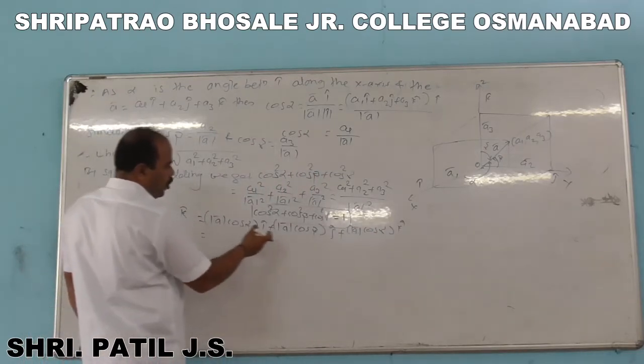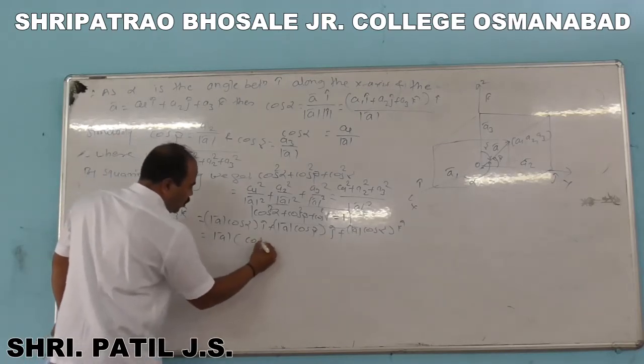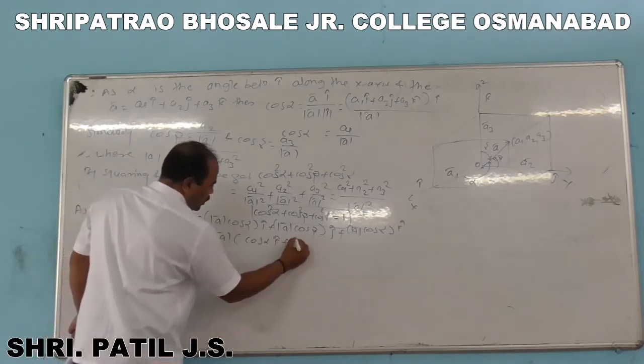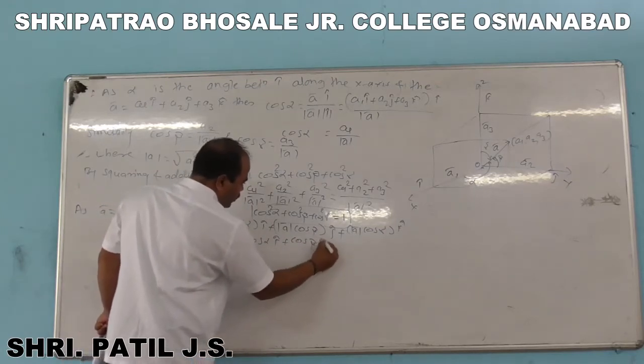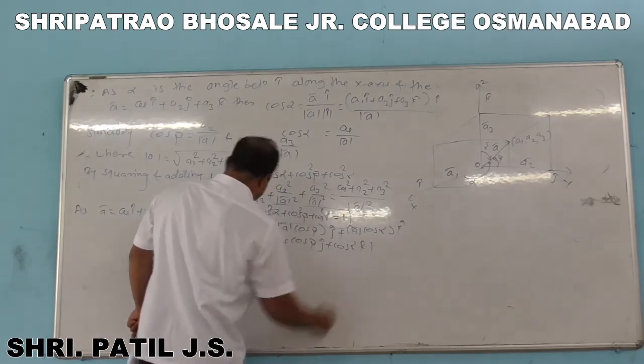Here mod A is common, that means cos alpha I cap plus cos beta J cap plus cos gamma K cap.